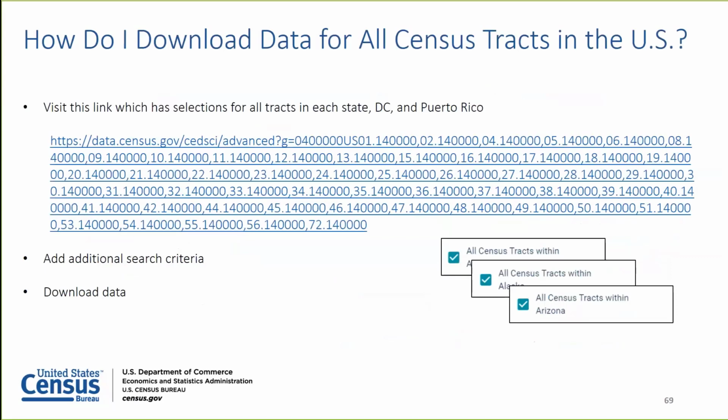The last one we wanted to add is something we don't have in the API that we are working on. Right now, we don't have a call in the API that allows for all census tracts in the U.S. You can just do all tracts by state, so you would have to add each individual one. But this is a specific call that allows you to pull all tracts for the U.S. It includes Puerto Rico.